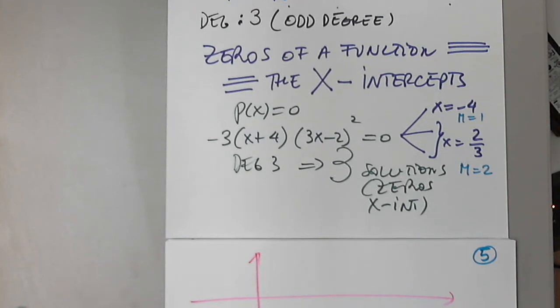This is multiplicity 1. This is multiplicity 3. In other words, this solution doesn't mean that it crosses 3 times. It only means that the same solution appears 3 times. And this is multiplicity 2. And this is multiplicity 4.